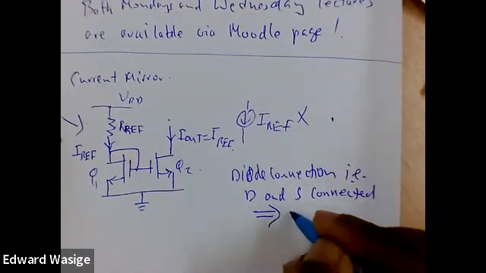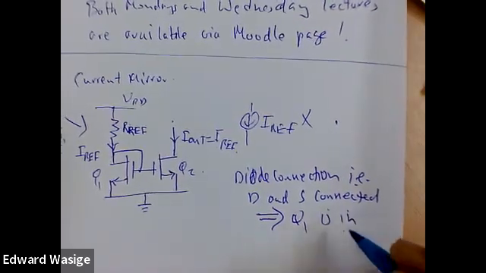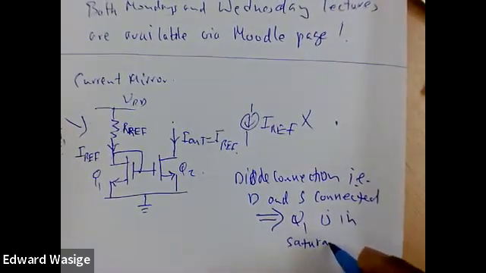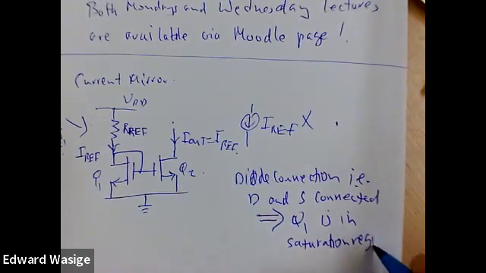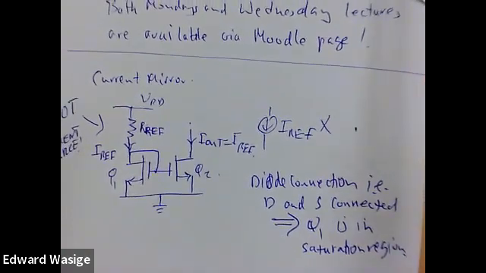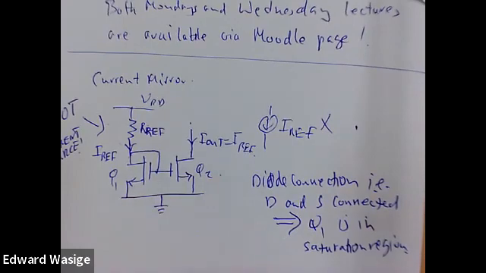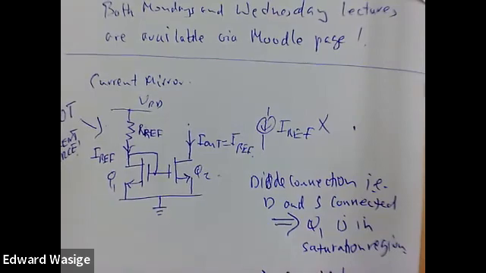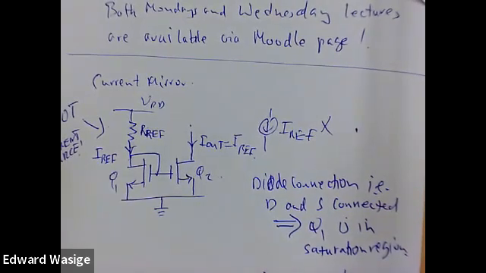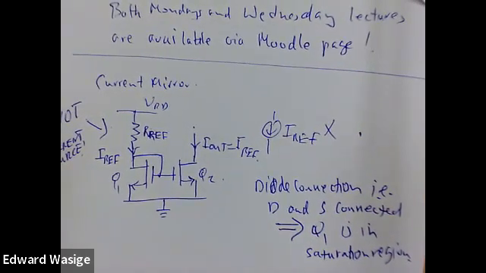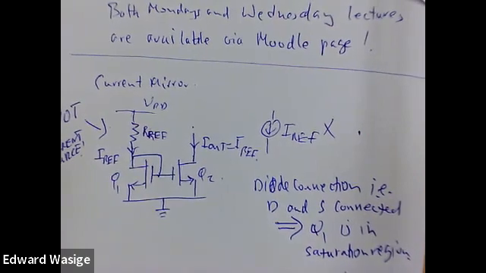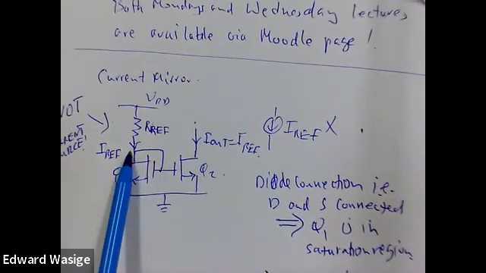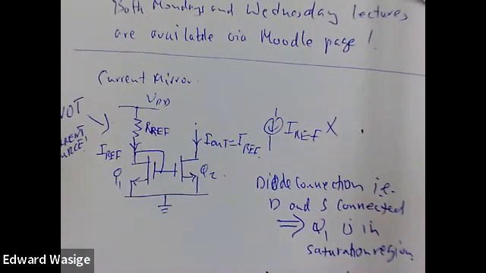This makes sure that Q1 is in the saturation region. So transistor Q1, if there's a current flowing, cannot be in the linear region. It could only be in the saturation region. And this also means that Q2 will carry the same current. If we don't have this diode connection, Q1 could be in the linear region.